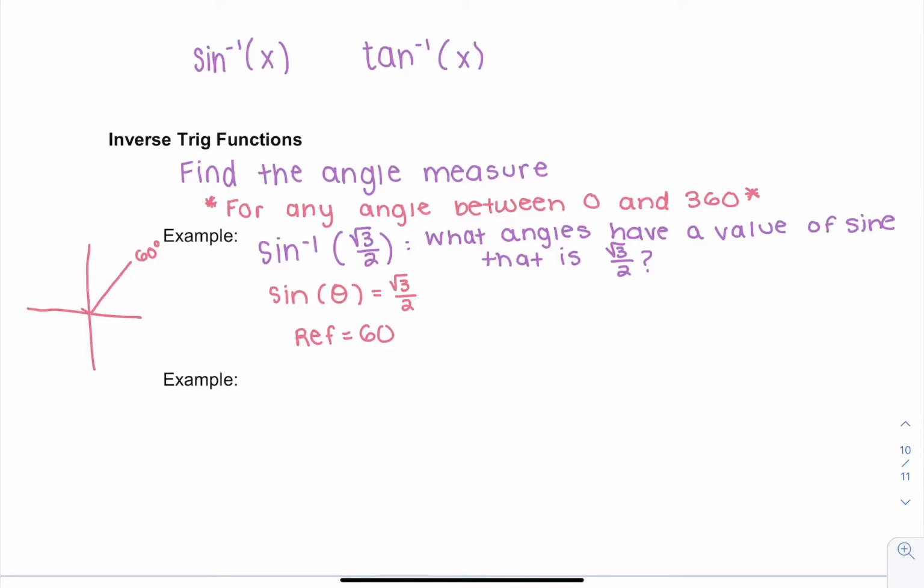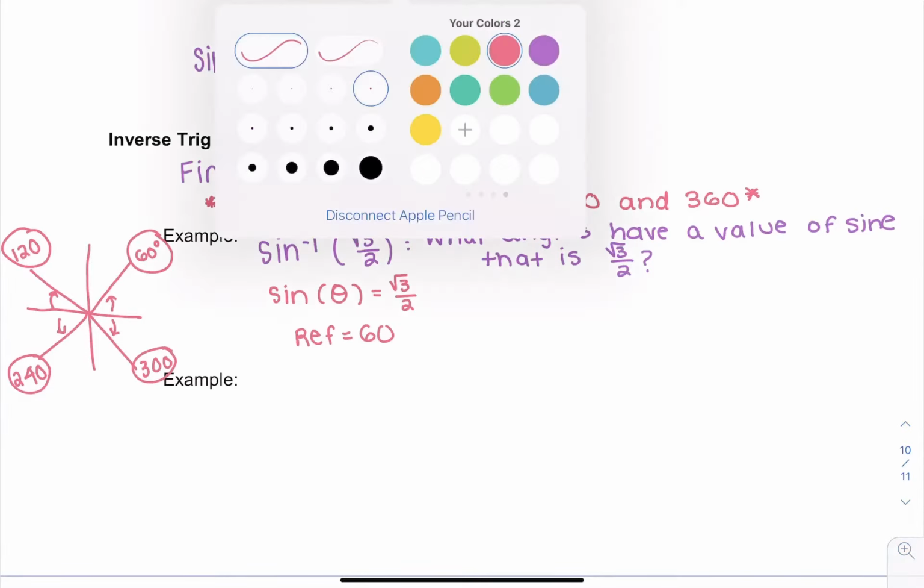So I've got 60 degrees up this way, this way, this way, and this way. So what are those angles with a reference angle of 60? Well, that's 120. That's 180 plus 60, which is 240, or that's 360 minus 60, which is 300. So I've got 4 options right now that seem all pretty good, right? Because that's my reference angle, so it's going to have the same exact value of sine.